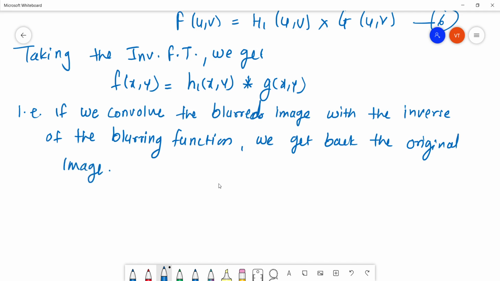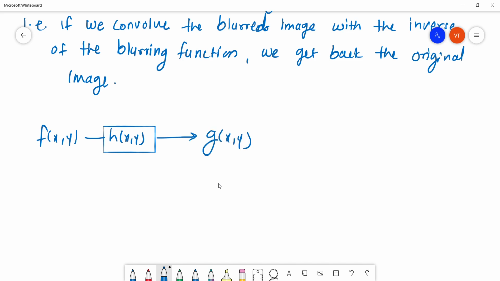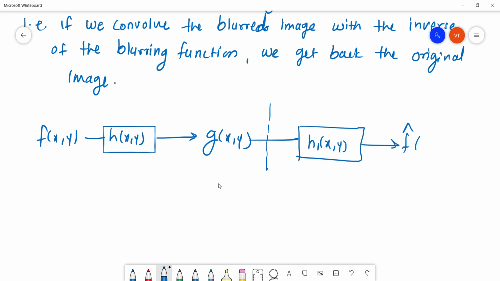This can be further simplified by drawing a block diagram. We have f of x,y, which passes through h of x,y and becomes g of x,y, the degraded image. Then we restore it by applying h1 of x,y, and we get f cap of x,y. So this is what inverse filtering is.